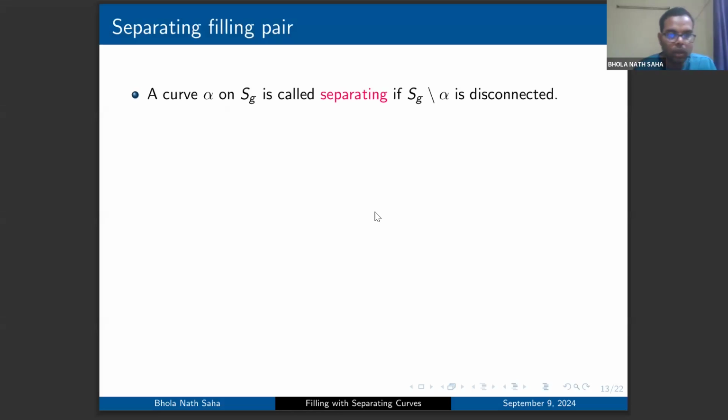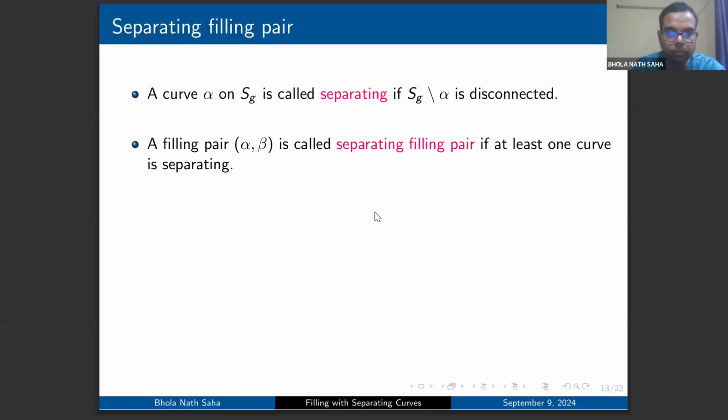Now we have seen that in most of the work we discussed, the curves considered are non-separating. In our work we also allow separating curves. So let us start with the definition of a separating filling pair. A curve is called separating if the complement is disconnected.